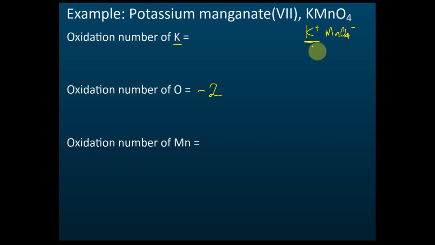The charge of the potassium ion is +1, so the oxidation number of potassium is +1. Now we already know the oxidation numbers of potassium and oxygen. Find the oxidation number of manganese. Include the positive or negative sign in your oxidation number.